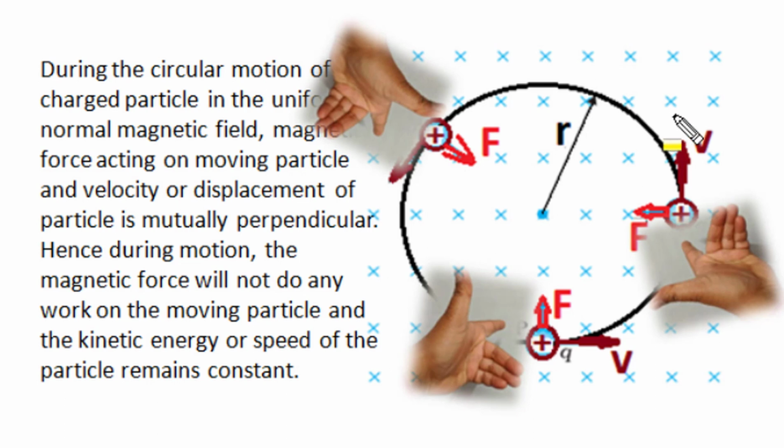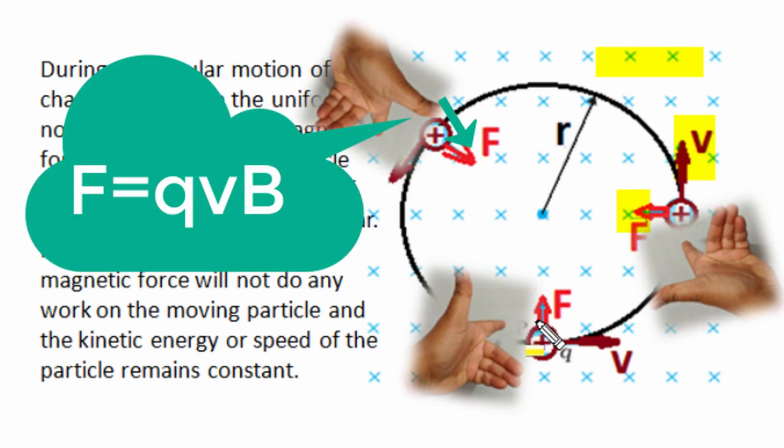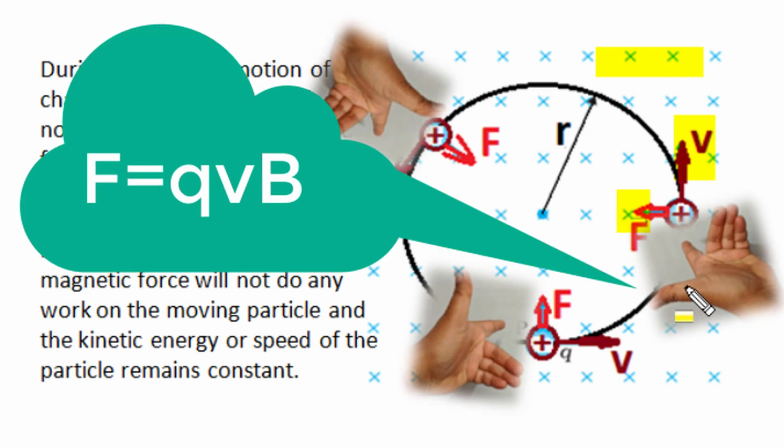When the velocity of the moving charged particle and the existing magnetic field are normal to each other, the moving charged particle will experience the maximum magnetic force QVB, and the direction of force all during uniform circular motion is given by Fleming's left hand rule, with the direction of the thumb perpendicular to the velocity or displacement of the moving particle.